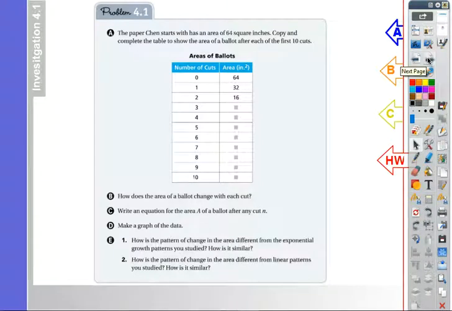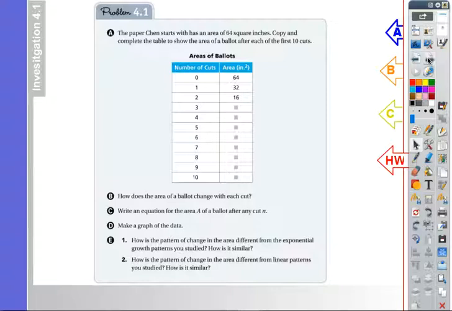All right, so Shen has a very special piece of paper that has an area of 64 square inches. That's not normally how paper is, but that's cool that Shen has this special paper. And so he cuts it in half, and now he is left with 32 square inches per ballot.